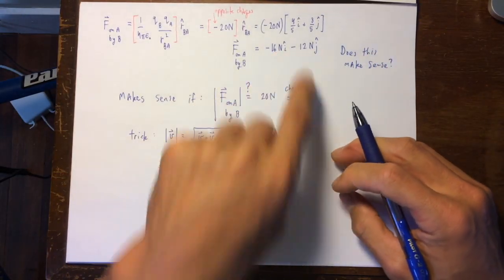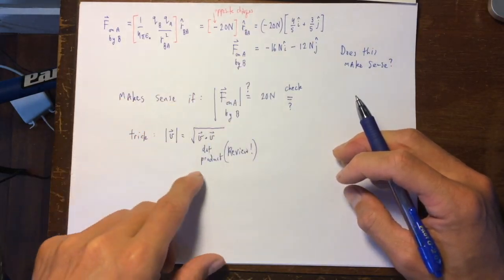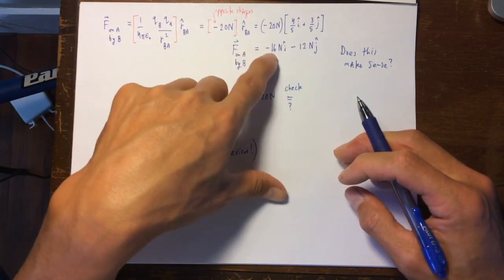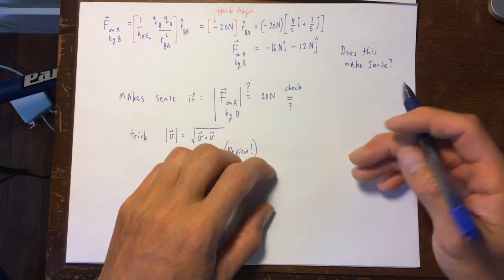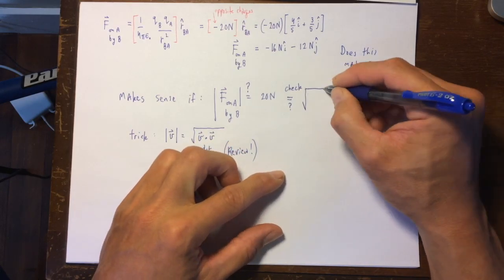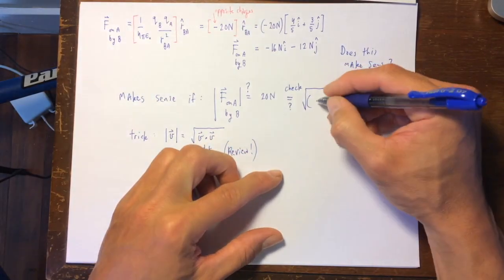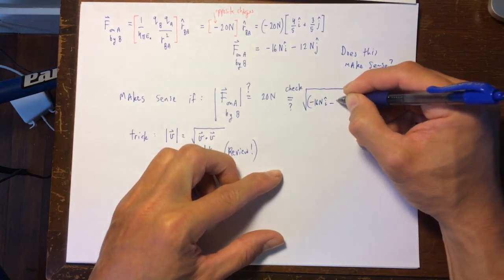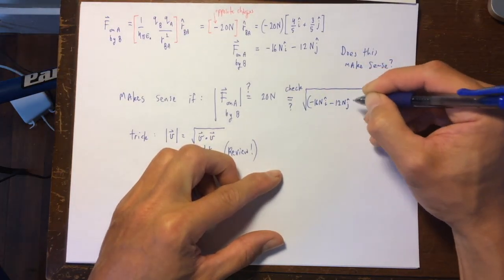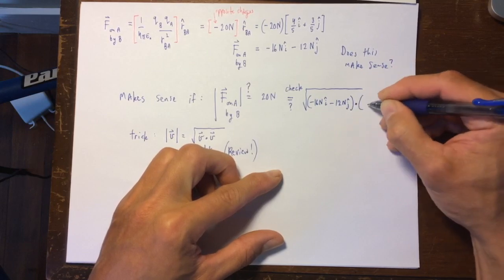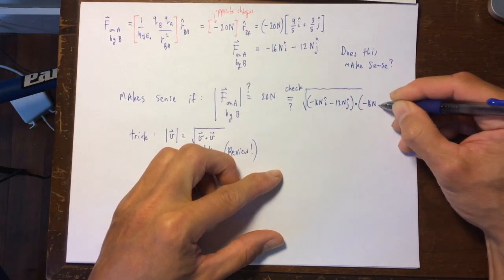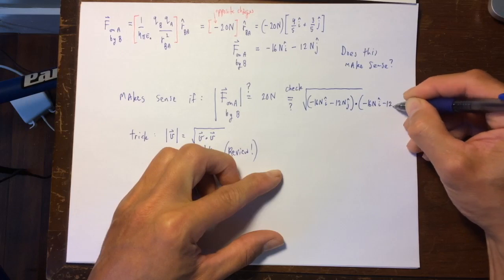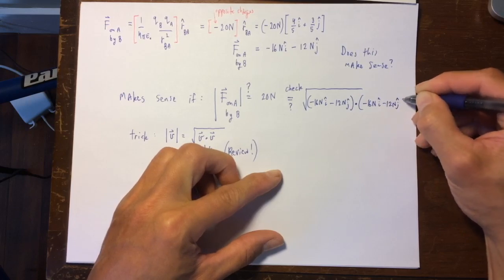I'm going to take the square root of the vector minus 16 newtons i hat minus 12 newtons j hat and dot it against itself, minus 16 newtons i hat minus 12 newtons j hat.